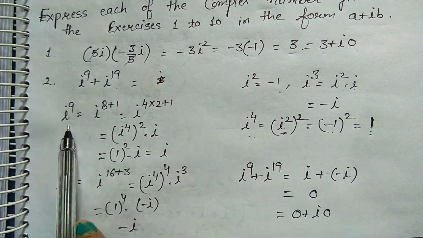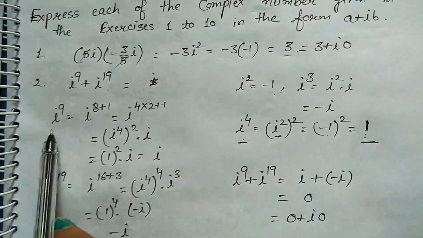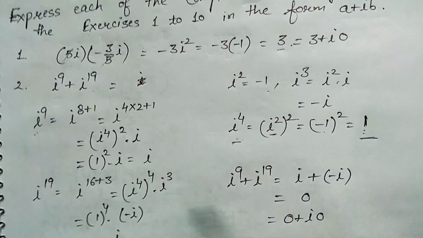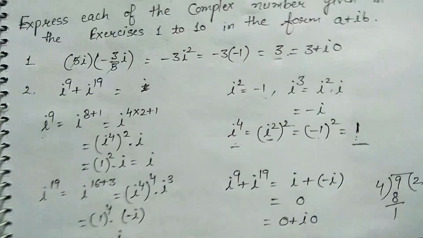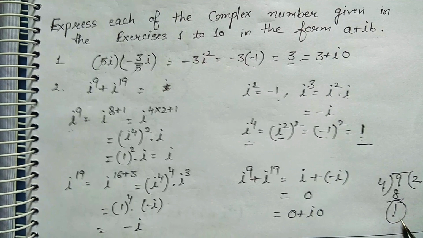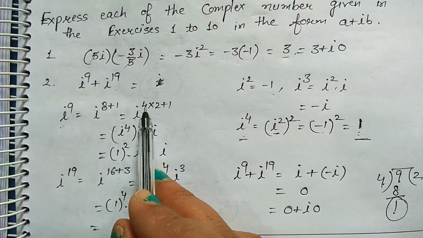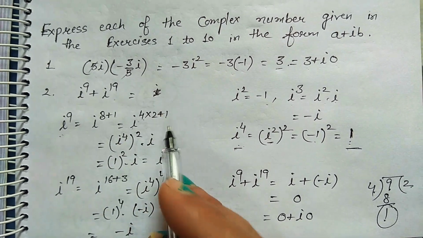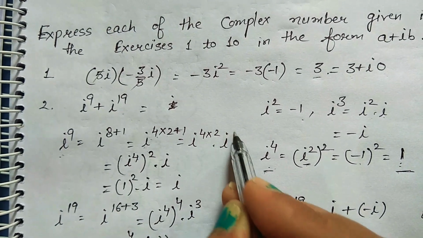Same here, iota power 9. We know that iota power 4 value is 1, so firstly we will change this into a multiple of 4. If 9 is divided by 4, 4 twos are 8, 1 will be the remainder. So we can write 9 as 4 into 2 plus 1. So we can write iota power 4 into 2 into iota power 1.